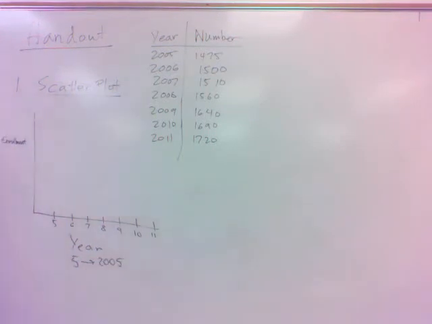Then my enrollments, well, it's 1475 to 1720, so I need to mark off maybe in increments of 50s. Start at 1400 or 1450, something like that. Then 1500, 1550, 1600, 1650, 1700, and then 1750, something like that.